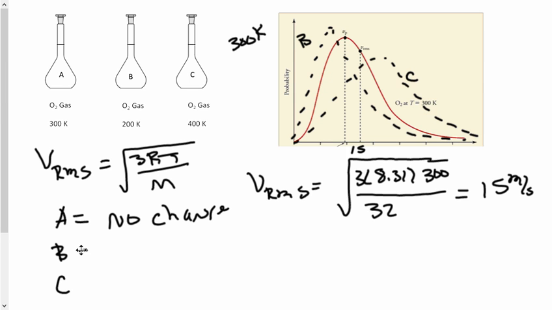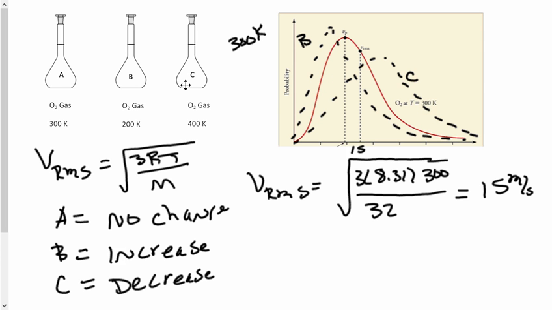So we are going to see an increase in kinetic energy for flask B. And then the 400 is going to cool down. It's going to lose heat to the environment. So we should see a decrease in the average kinetic energy for flask C.